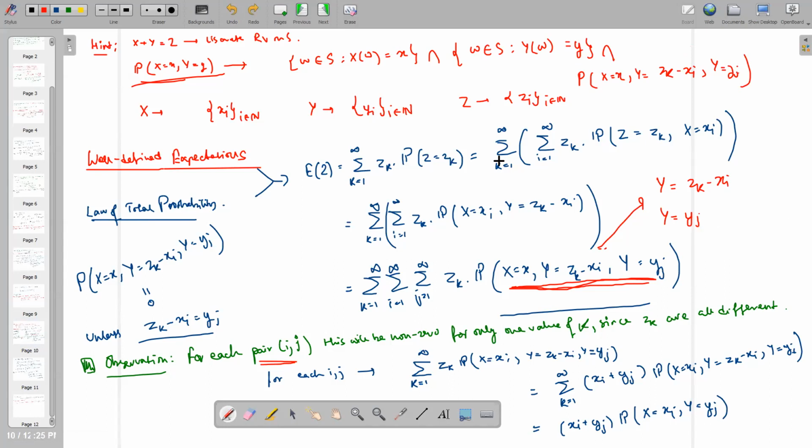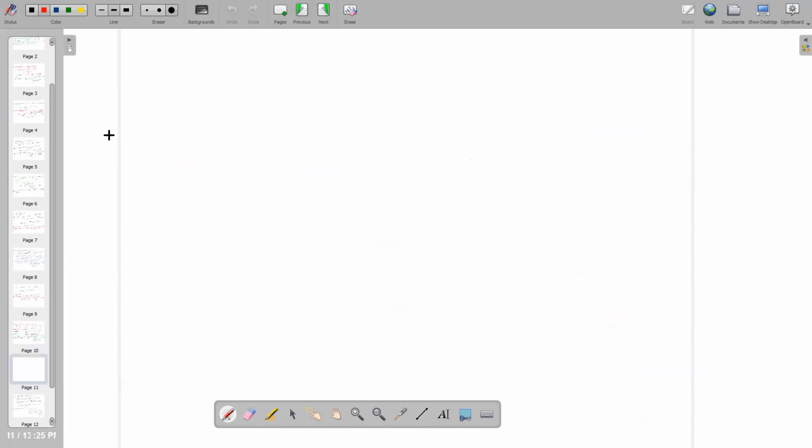So the last intersection would be all those omega element of S for which y of omega is equal to zk minus xi, intersection the event omega element of S such that y of omega is equal to yj, right?